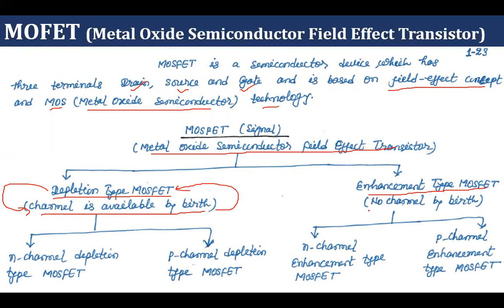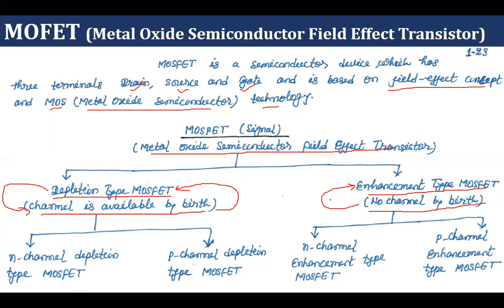If channels are not available by birth, then it is known as enhancement type MOSFET. In this kind of MOSFET, when we apply voltage at gate terminal, channel will be created, channel will be enhanced, and that's why the device is known as enhancement type MOSFET.